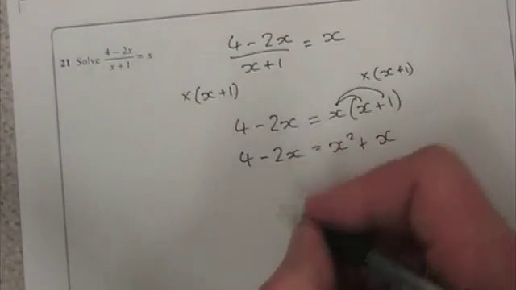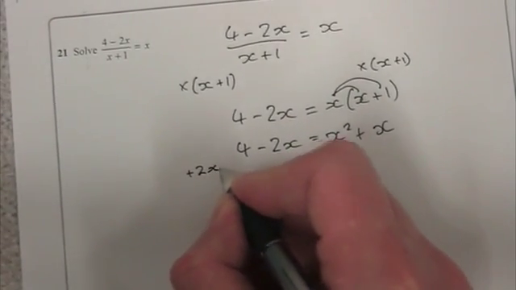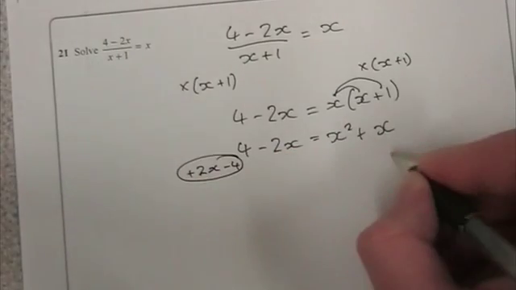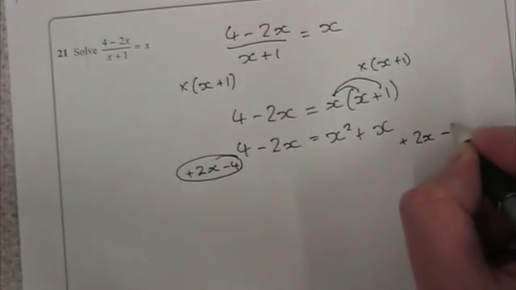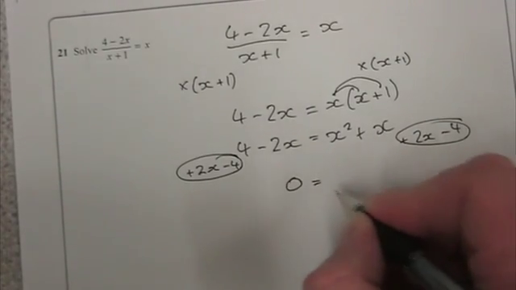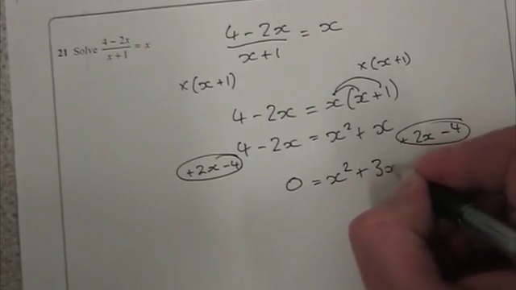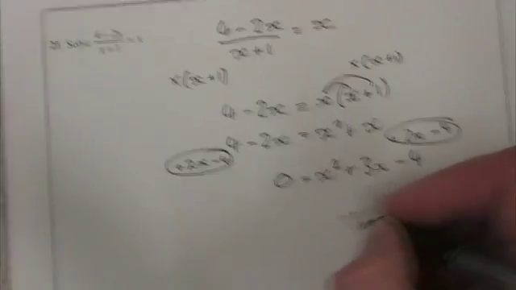I'm now going to rearrange this equation by adding 2x and subtracting 4 from both sides. Add 2x, subtract 4. So 0 is x squared plus 3x minus 4.